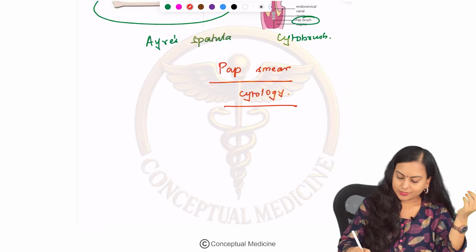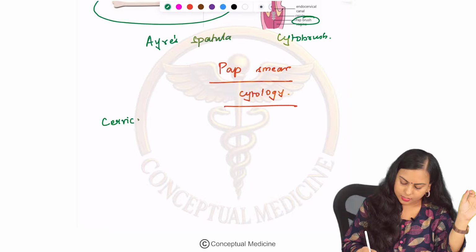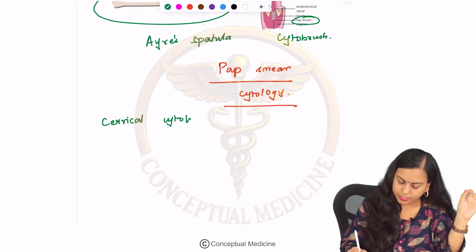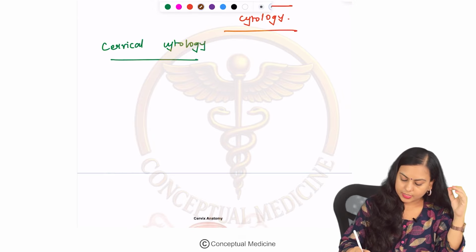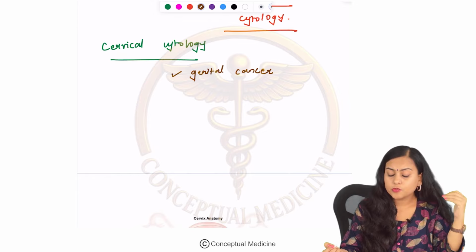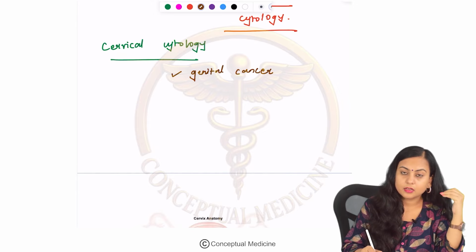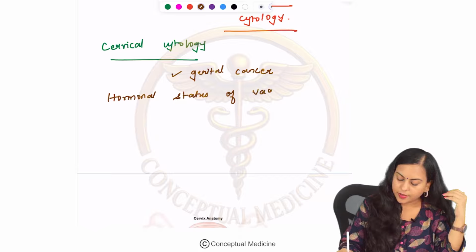Okay, now let's discuss the indications of doing a cervical cytology. So, cervical cytology is usually done when there is any suspicion of genital cancer. Okay, and it can also be used to study the hormonal status of the vagina.